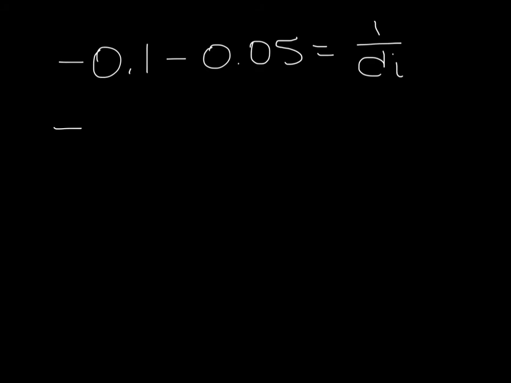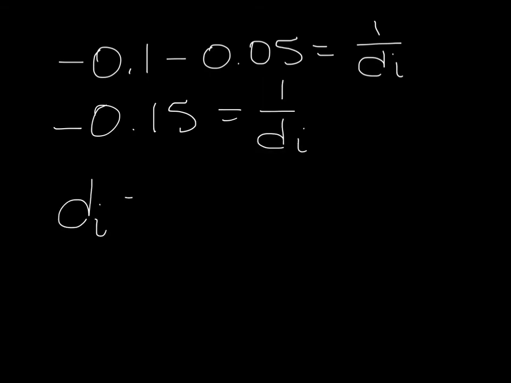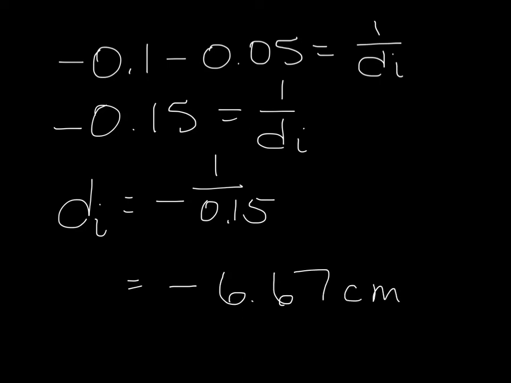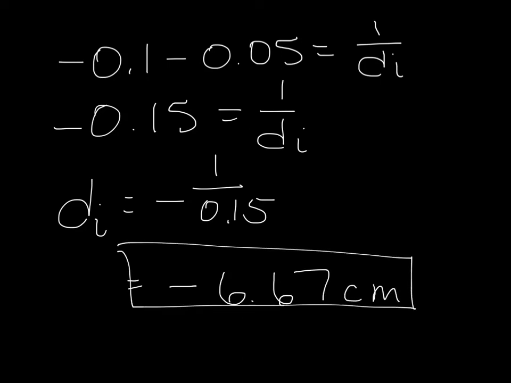So that's negative 0.15 equals 1 over DI. So that means DI has to equal negative 1 divided by 0.15, which is negative 6.67 centimeters. So that means the image is on the same side as the object, at 6.67 centimeters from the lens.